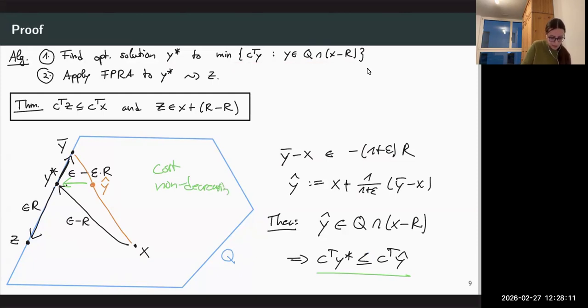And now the cool thing is that if I go from x to z, this is actually parallel to this direction. So also here the cost is non-decreasing. And this gives me this nice cost bound here, which is actually the difficult part of the theorem. This other thing is fairly straightforward to observe. And this is actually already the full proof of this more general setting.